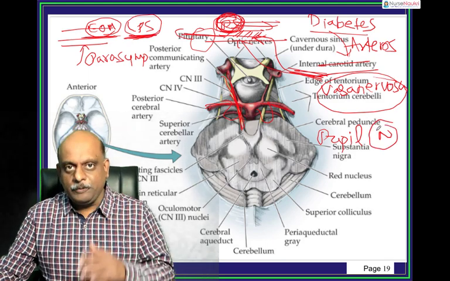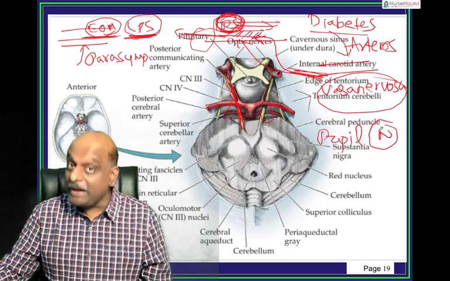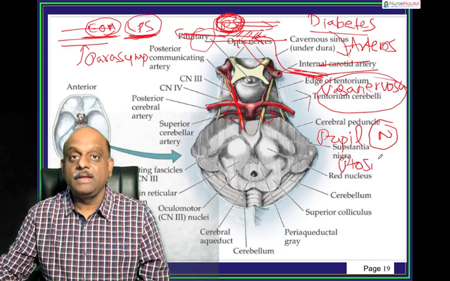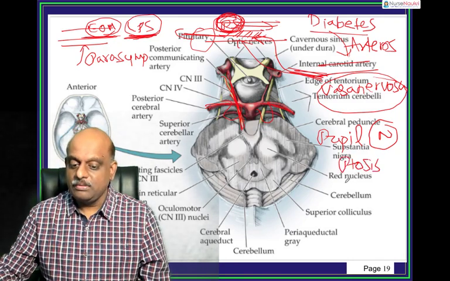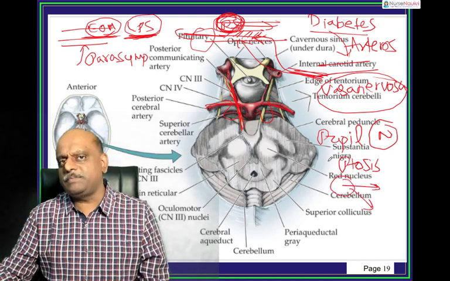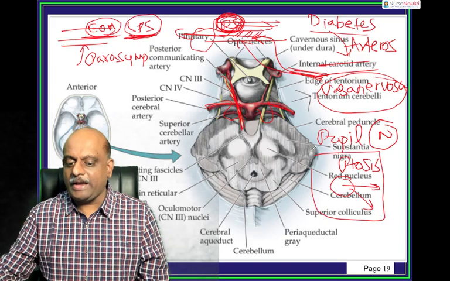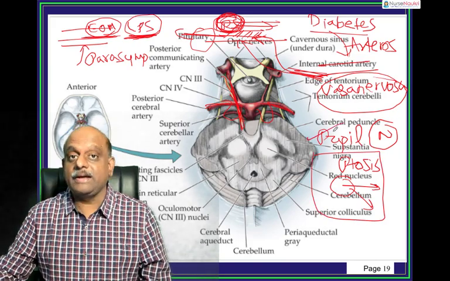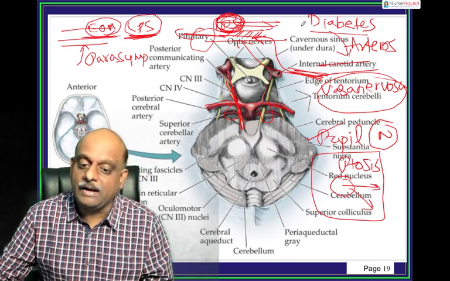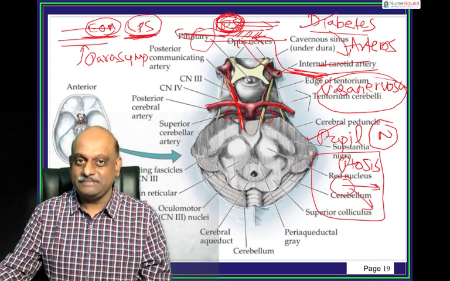So a normal pupil will be there, but there will be ptosis and the eye will deviate downward and outward. The motor problems are there, but the parasympathetic effects are not there if the underlying cause is diabetes.